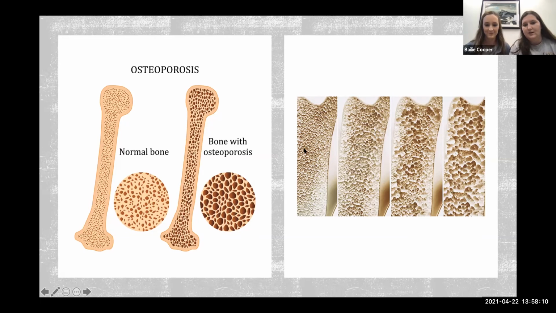And then in these pictures, as osteoporosis goes further along, it just gets worse. You can really see how the bone thins out and how the spongy bone really just expands. And you can tell when it expands, it does get thinner, which will make it more brittle and make bones break more easily.